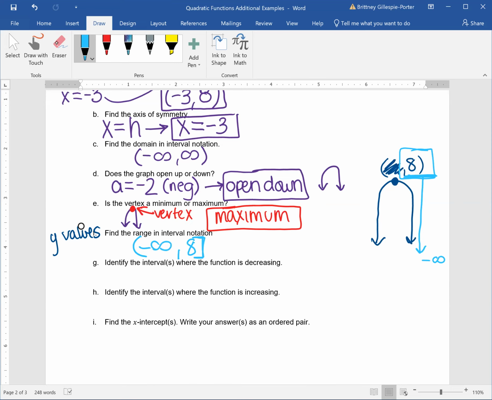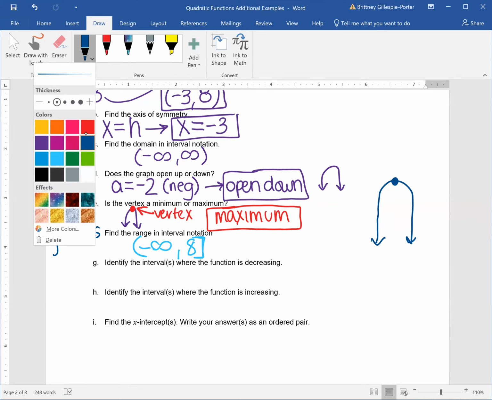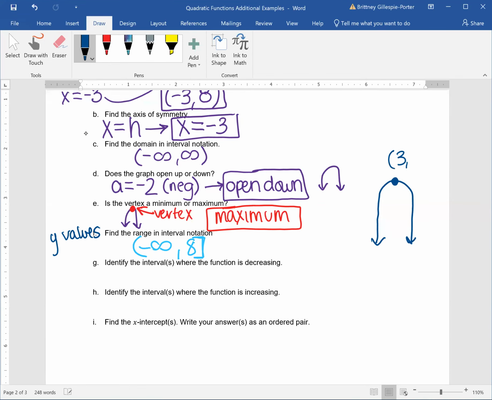Okay, let's talk about this increasing, decreasing thing again. I am going to continue to use my little graph here. We have negative 3, 8 for our vertex. And remember, with our intervals, we only care about the x values.